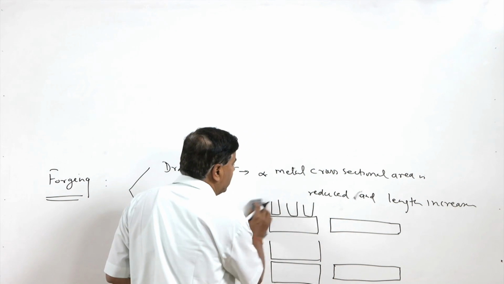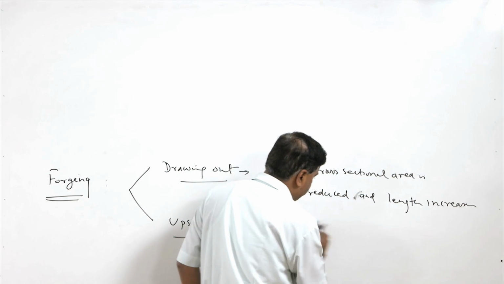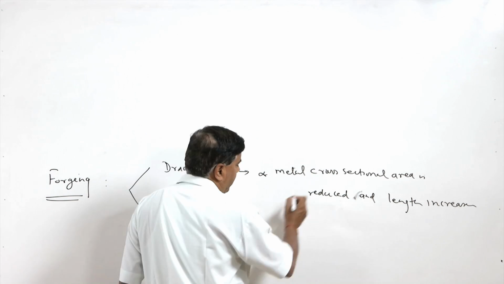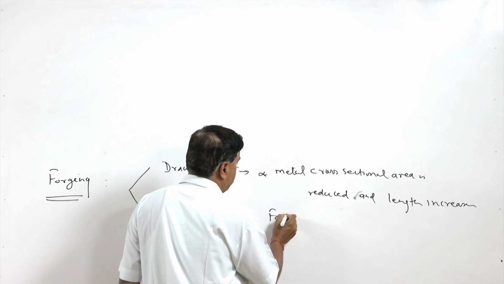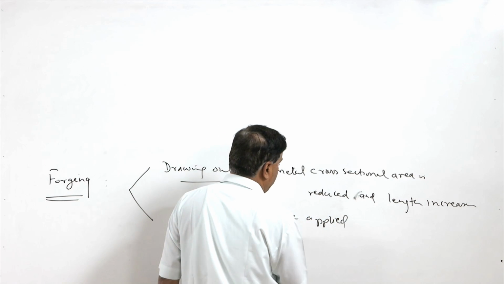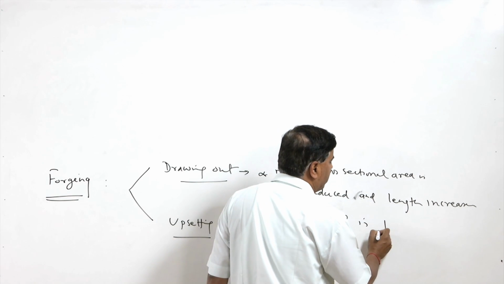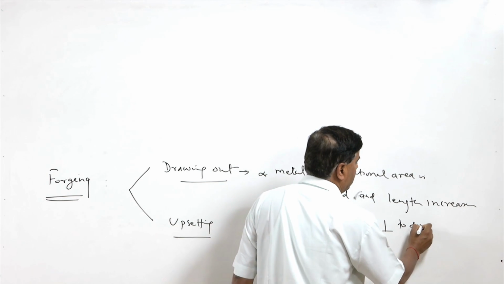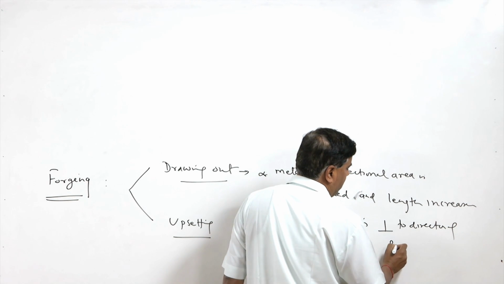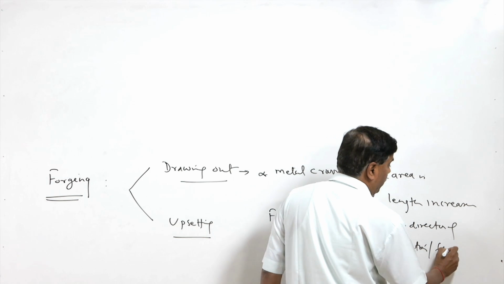So, basically the cross sectional area is reduced and the length is increased. If we see here, the application of the force is perpendicular to the direction of elongation or flow of the metal.